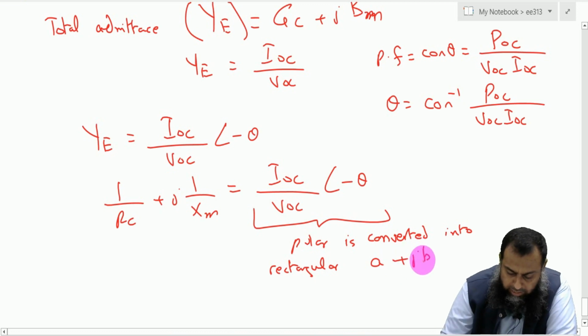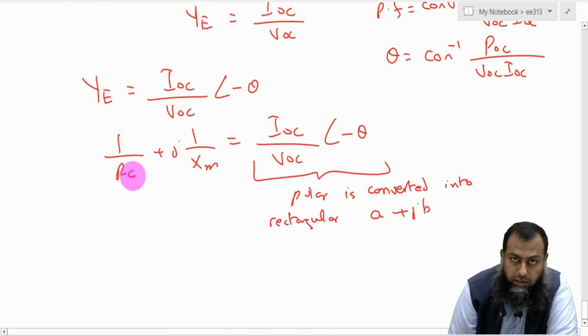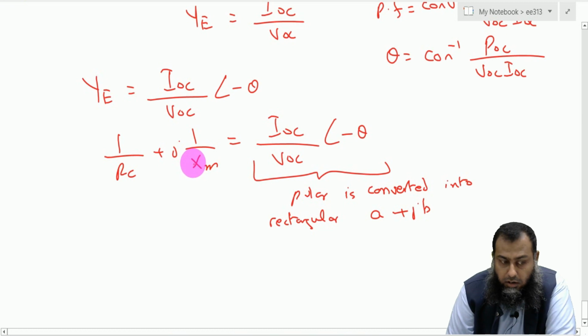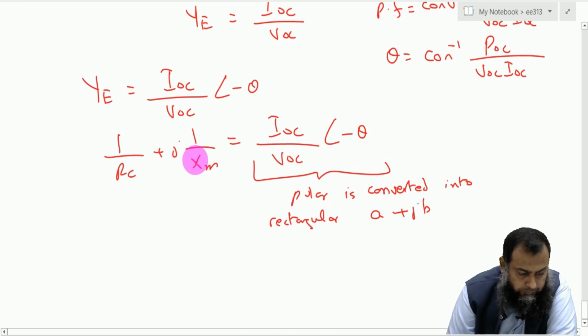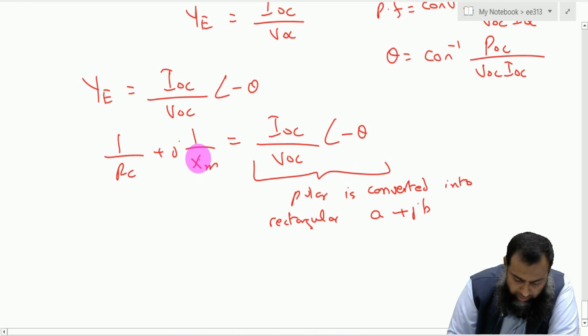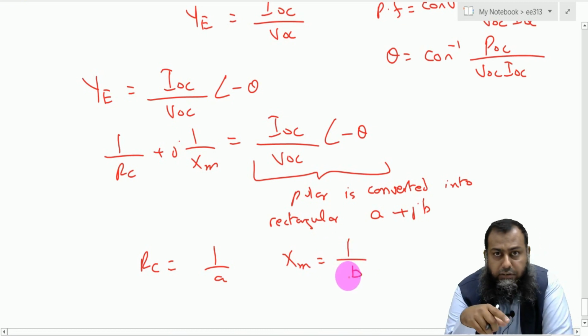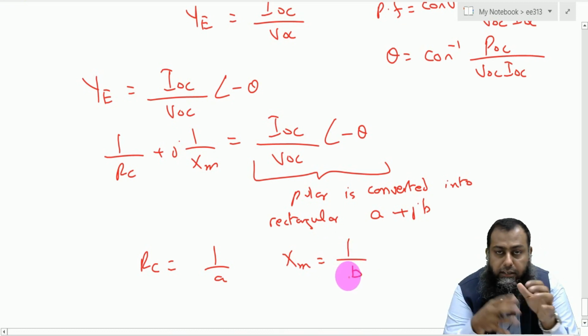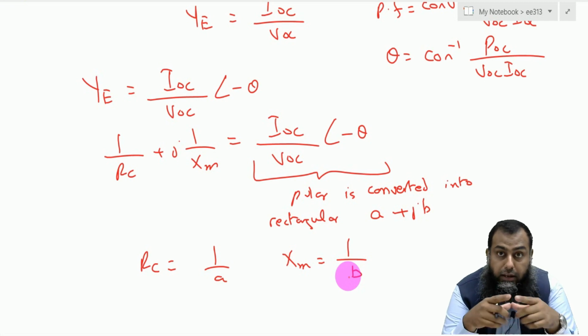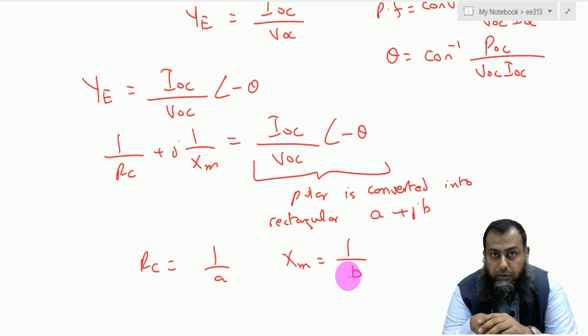Whatever is this A, it is equal to the core resistance Rc, which represents the losses in a core, and whatever is this B, it represents the magnetization branch of a transformer. So Rc equals 1 over A, and Xm equals 1 over B. This particular test, known as an open circuit test, provides us the information about the excitation branch of a given transformer, right?